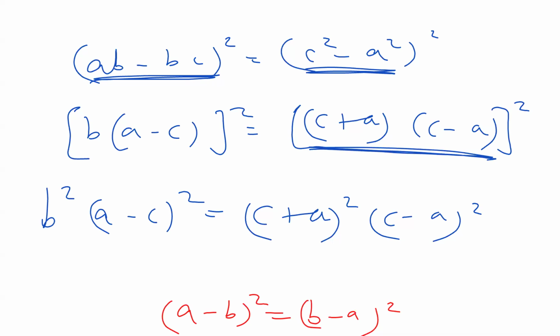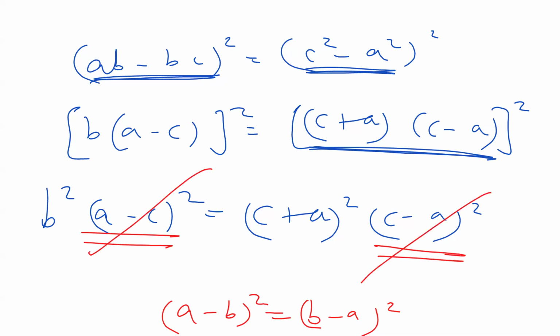We don't take the square root on both sides because a, b, c are unknowns. So let's not play with that. So a minus b the whole square is equal to b minus a the whole square. So this and this term are the same, so cancel out from both sides.